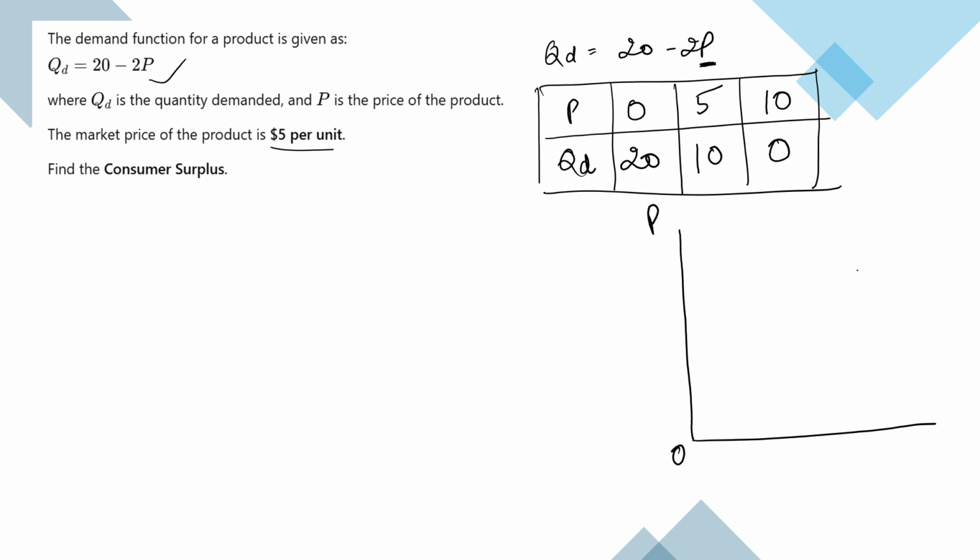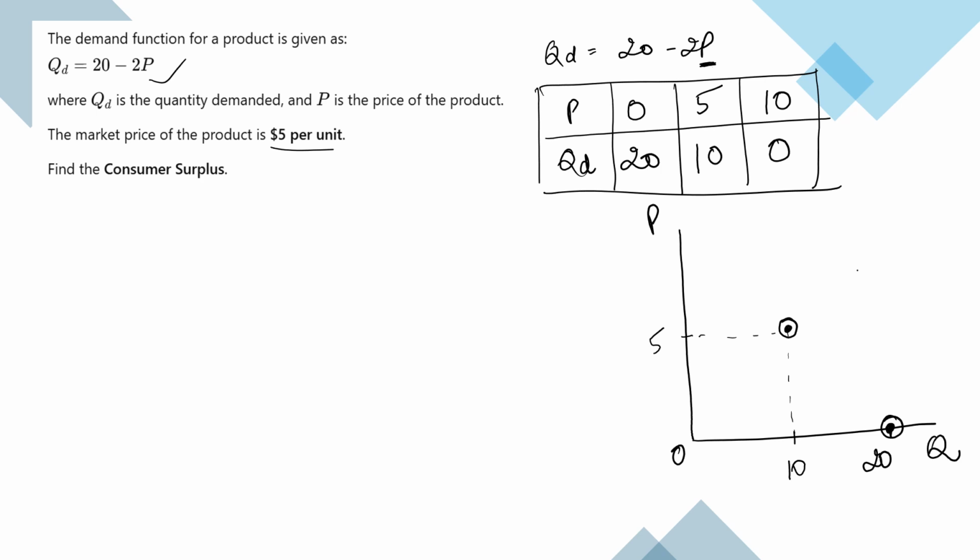Price is on the vertical axis, quantity on the horizontal axis. When price is 0, quantity is 20. So let's say this is 20, and at a price of 5, quantity would be 10. The intersection between these two would be this point.